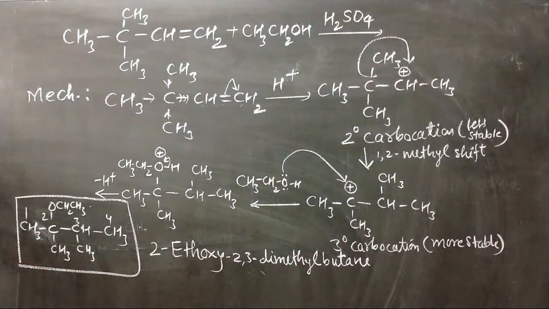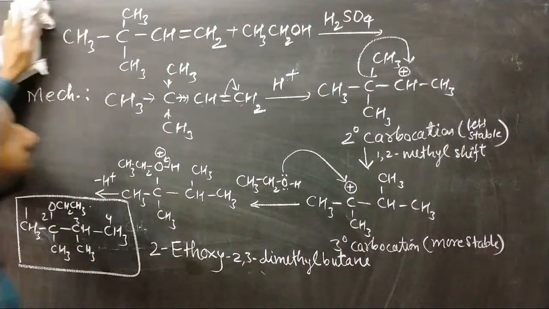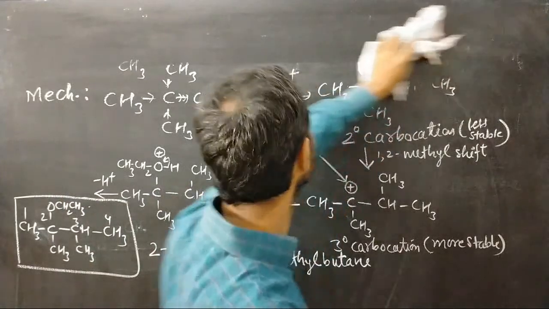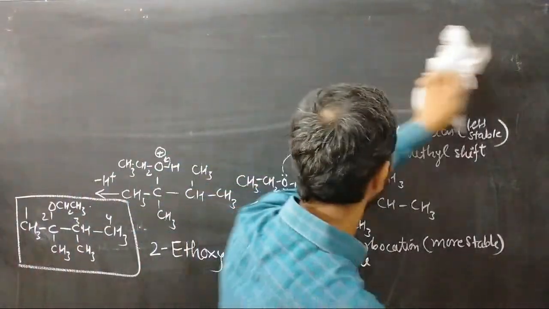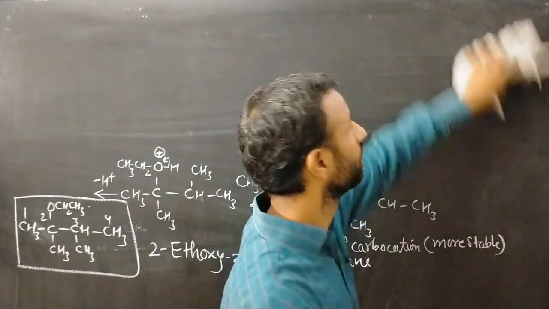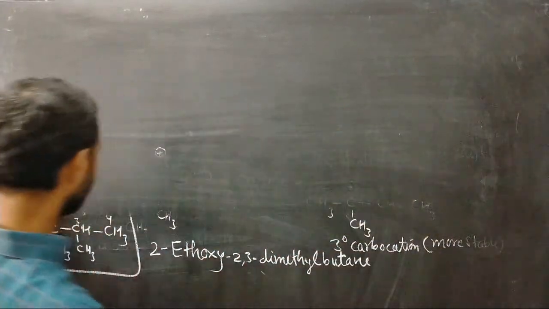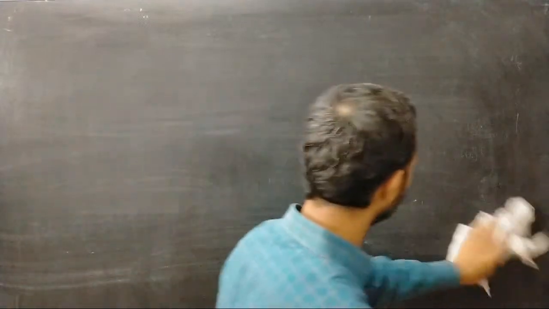Very good. Okay, so that means its limitation, the main disadvantage, is that it can give a rearranged product. It is not possible to have the simple product. Sometimes a rearranged product may be formed.